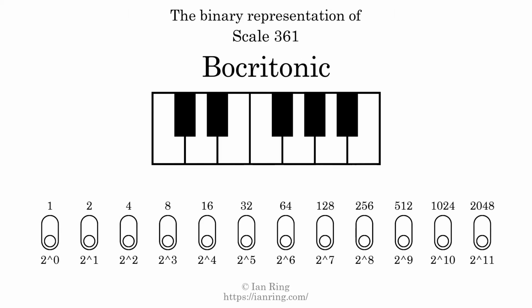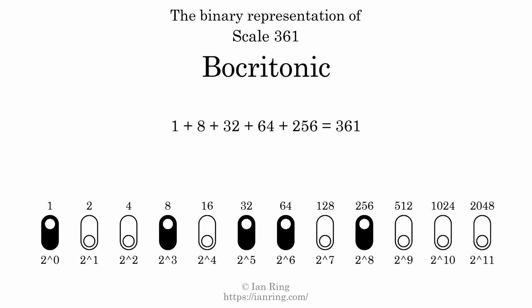The binary representation of this scale is determined by mapping tones of the scale to binary digits. Each binary digit represents a power of 2. To get the scale number, we add the powers of 2 together. The powers of 2 that are present in the scale, all added together, equals 361.